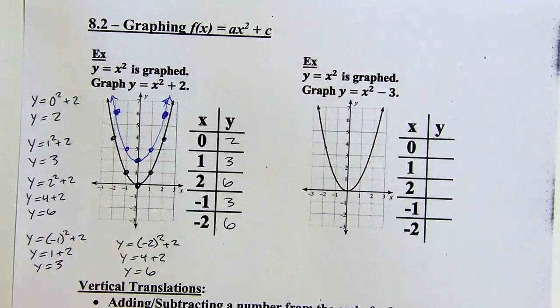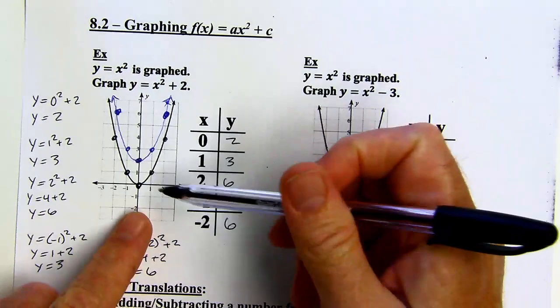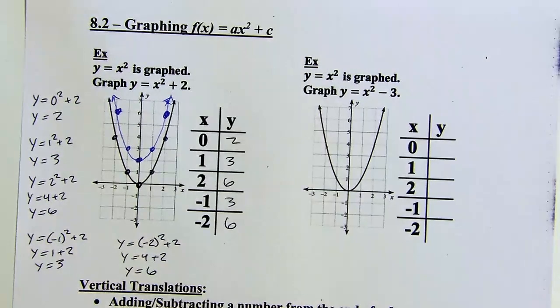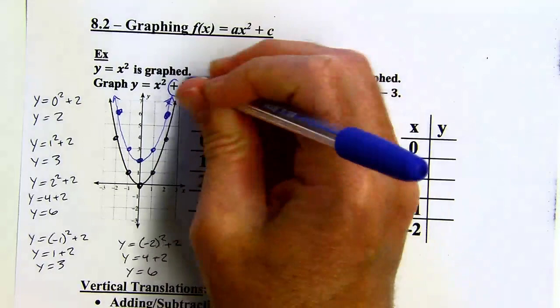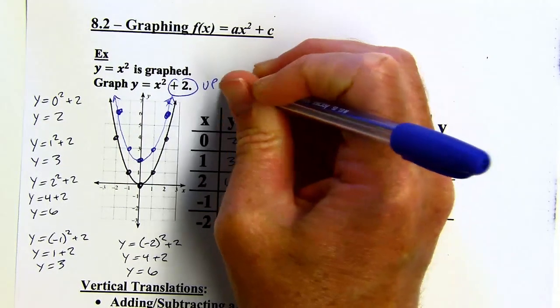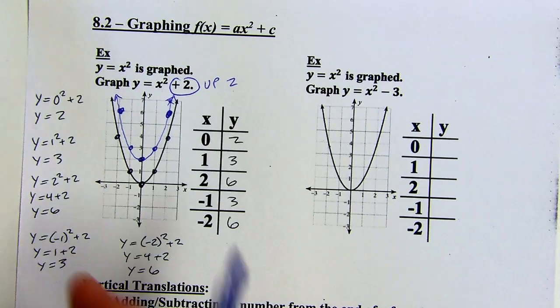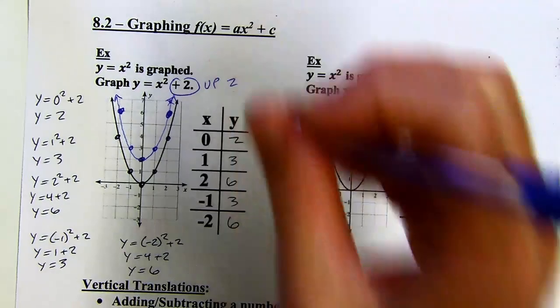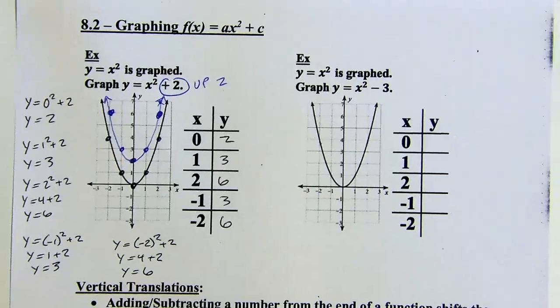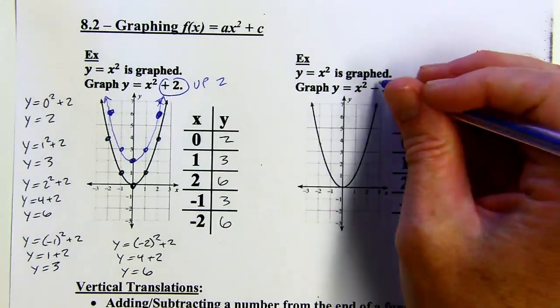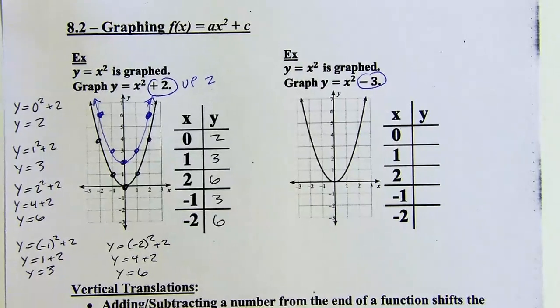So maybe you can see the whole parabola is shifted up 2 units, okay? So what this does, it translates everything up 2. A translation is when you shift either up or down or left and right. So this is going to be translated up 2.